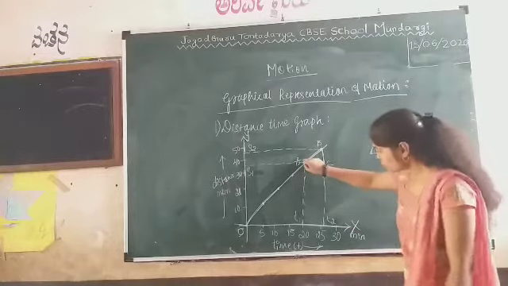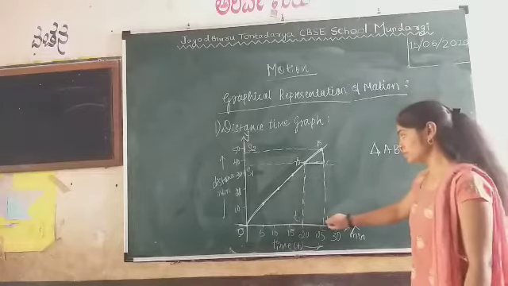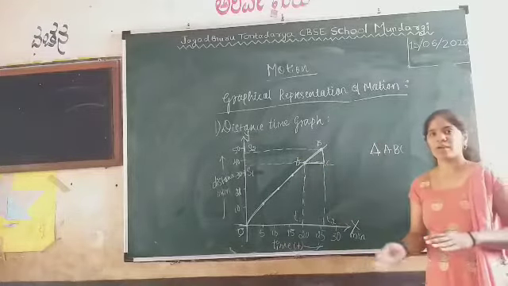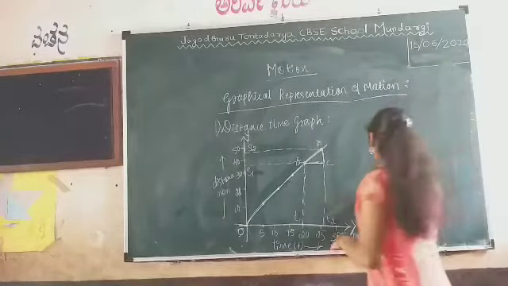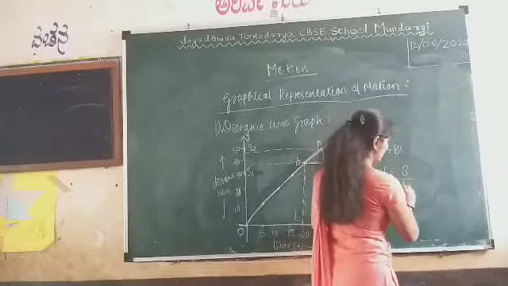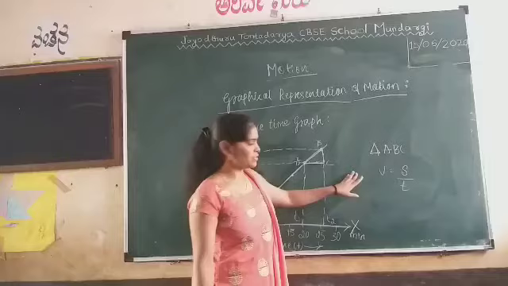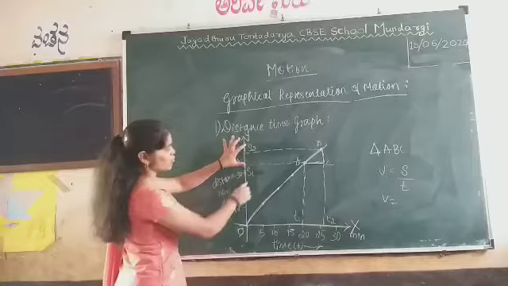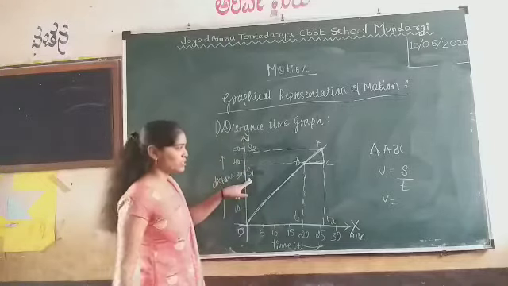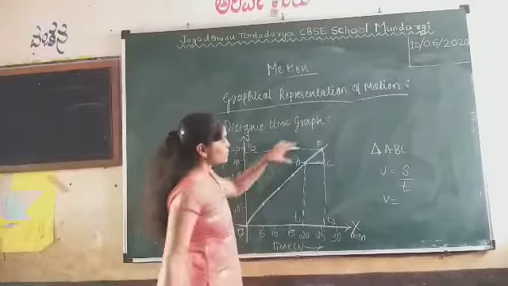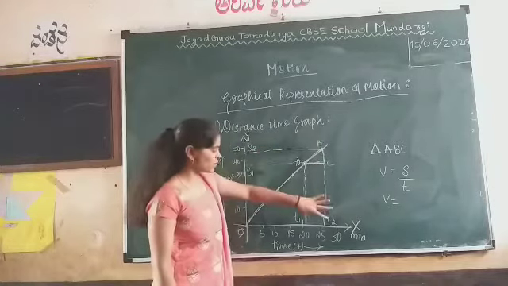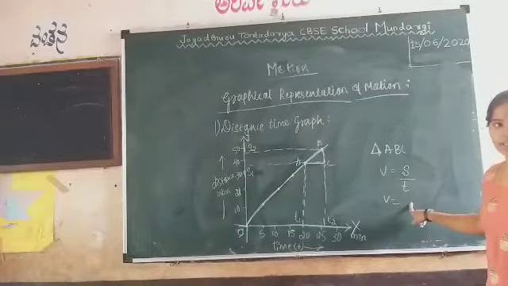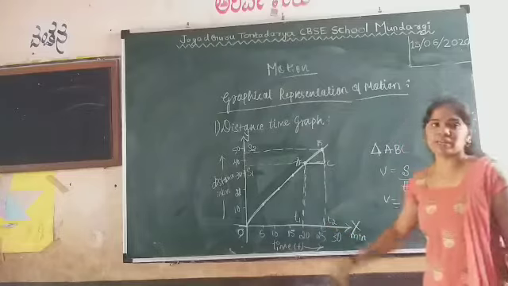They meet at the time intervals T1 and T2 and the distances S1 and S2. For uniform speed we have V equals S divided by T. Here the two distances S1 and S2 are travelled by the points A and B with respect to time intervals T1 and T2. So the distance will be S2 minus S1 and the time interval will be T2 minus T1.